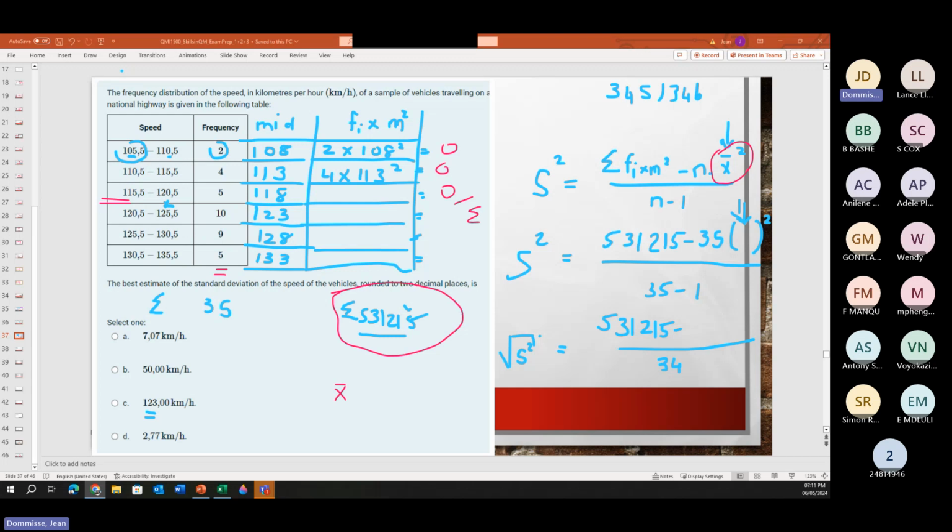There's nothing in your study guide that at all says how to work out the mean of a frequency table.